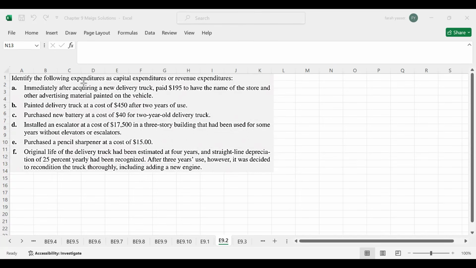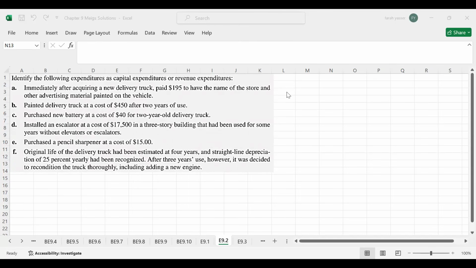When you acquire any asset, and you have to pay a one-time paint-related expenditure, this becomes advertising material painted on the vehicle. So this becomes part of the asset.